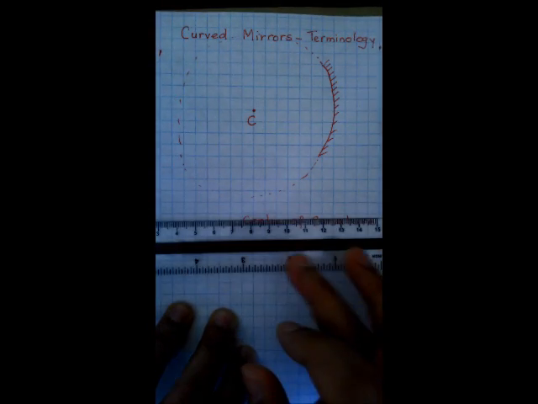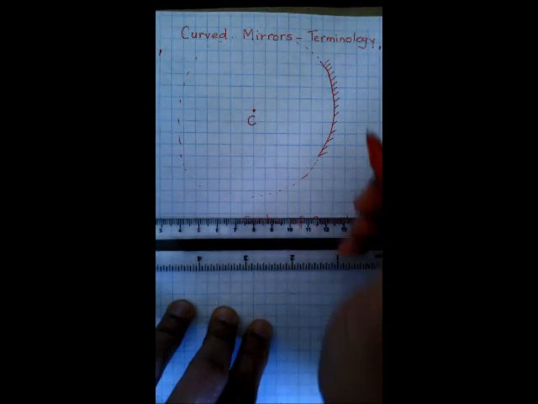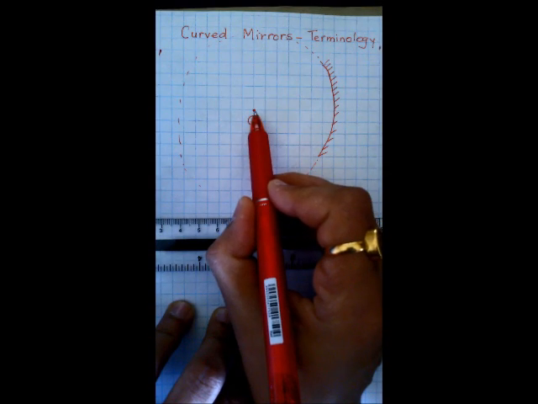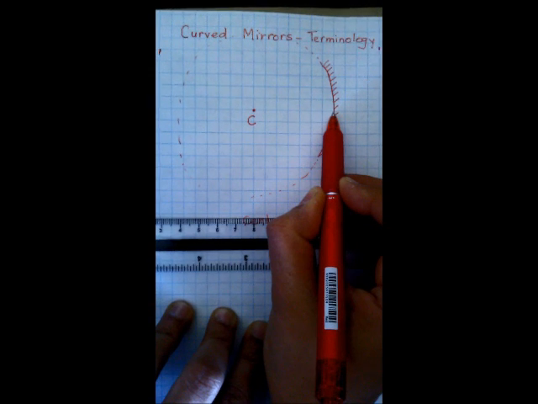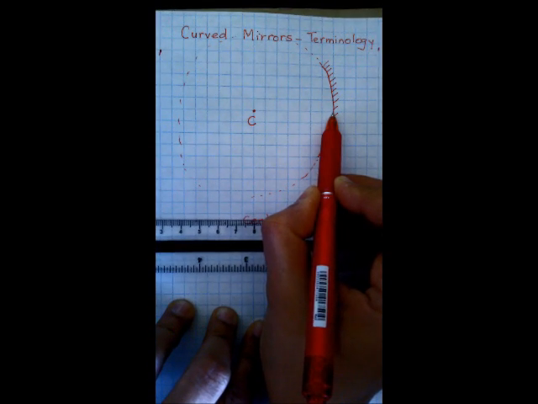Next, there will also be an imaginary line passing through the center of curvature and the geometric center of the curved mirror.